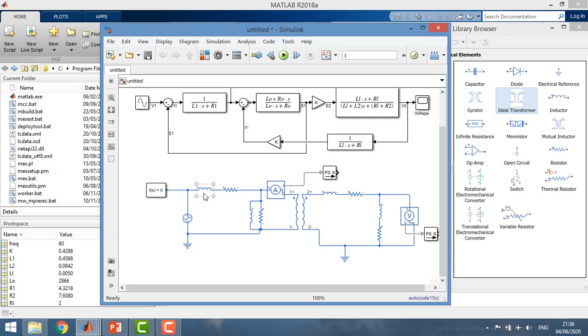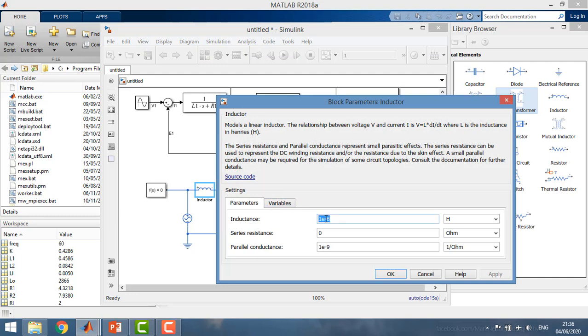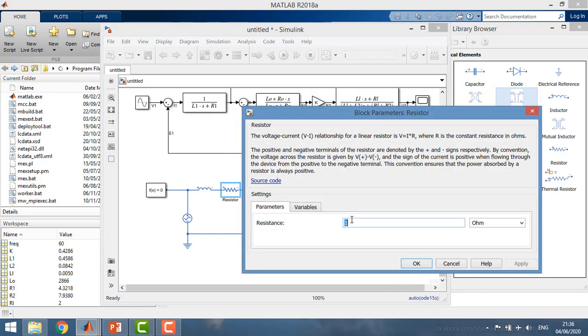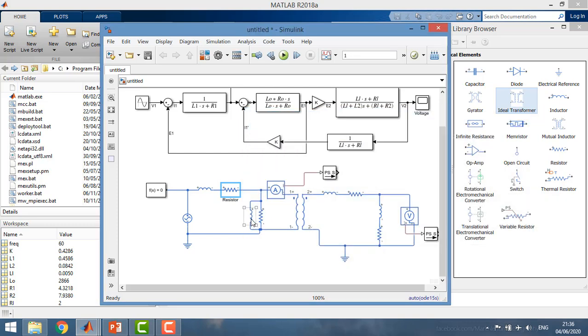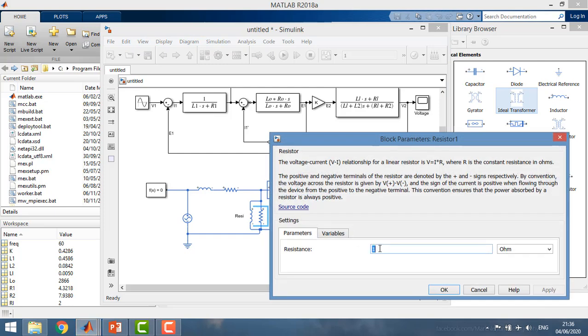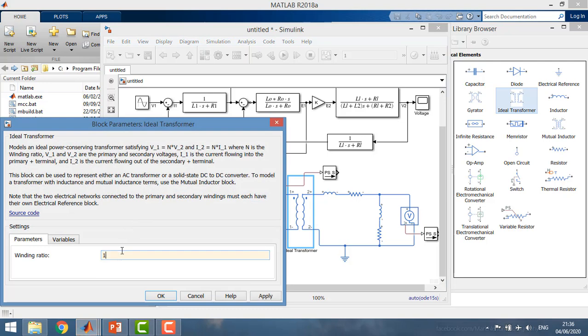This model is almost finished. We just need to define the parameters. So basically this is the primary impedance, the shunt admittance, and the ideal transformer.